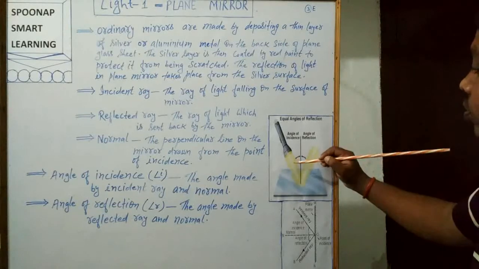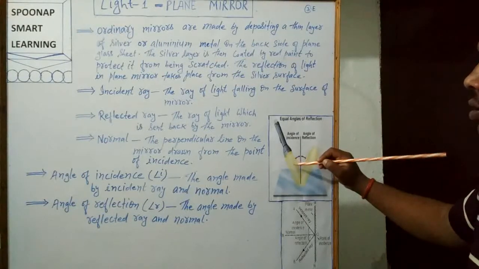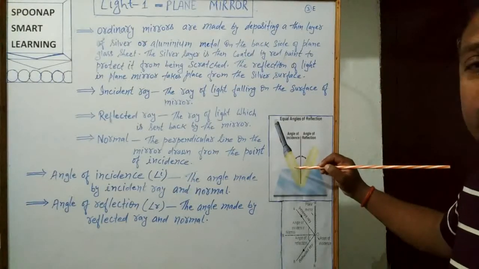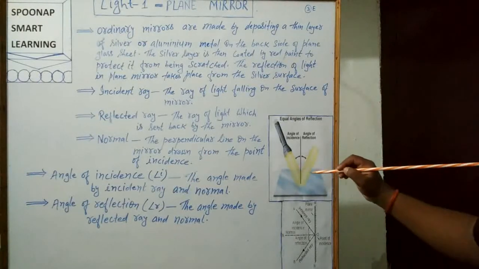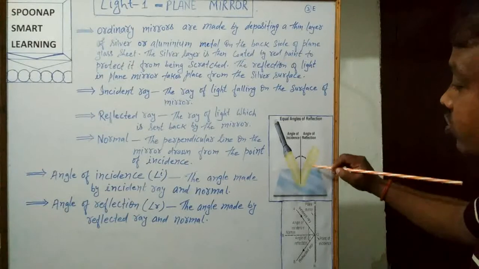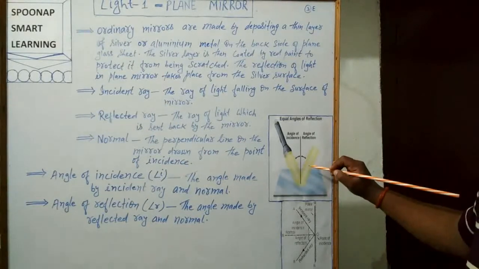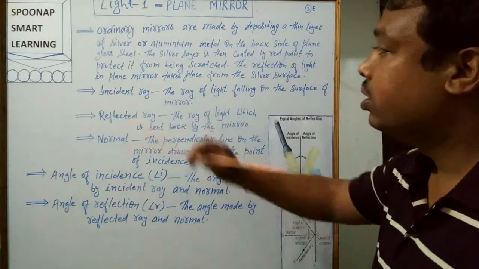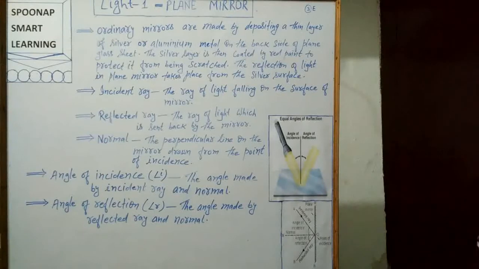Okay? So this is the incident ray. The falling ray is called the incident ray, and the bouncing back ray, or returning back ray, is called the reflected ray. What is it called? Reflected ray. Okay.